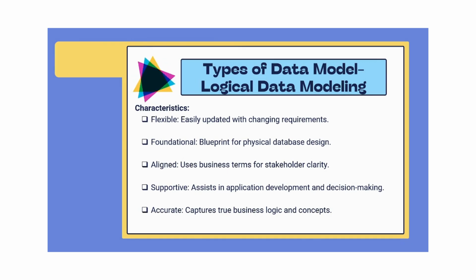Now, the characteristics of logical data modeling are: it is flexible, foundational, aligned, supportive, accurate, means easily updated with changing requirements, blueprint for physical database design, uses business terms for stakeholder clarity, assists in application development and decision making, captures true business logic and concept, which means it gives an accuracy to the logical data model.